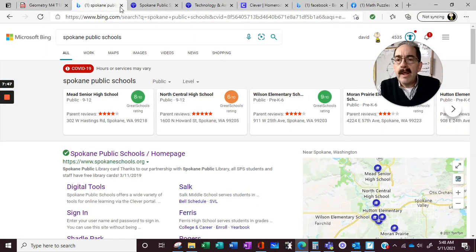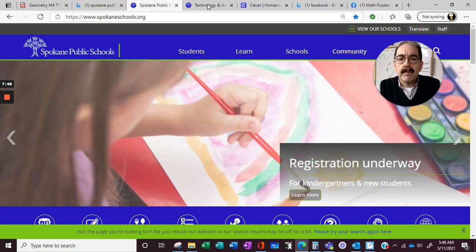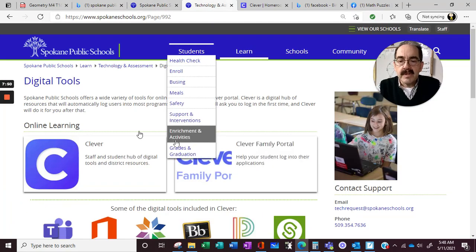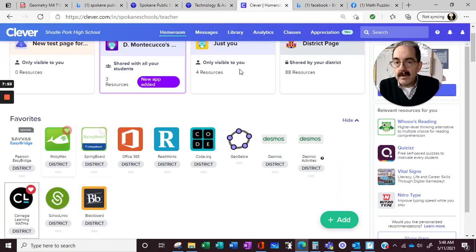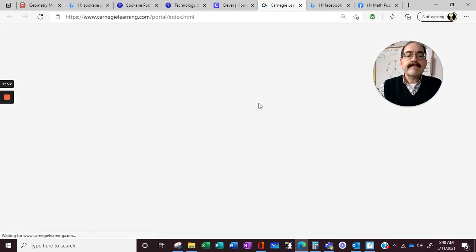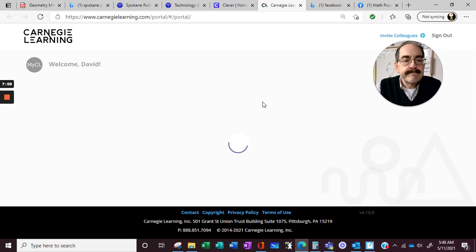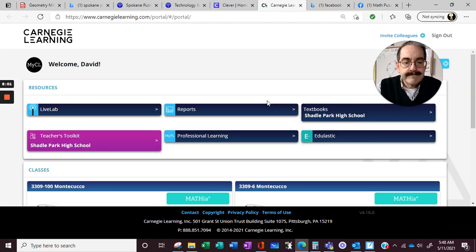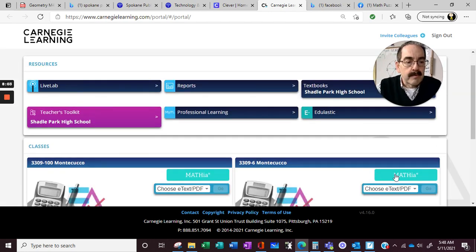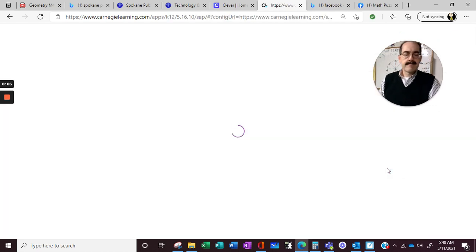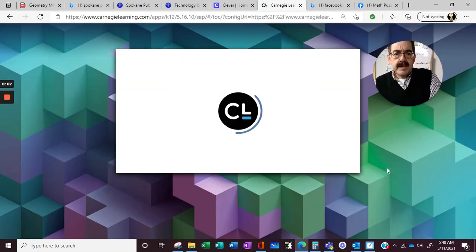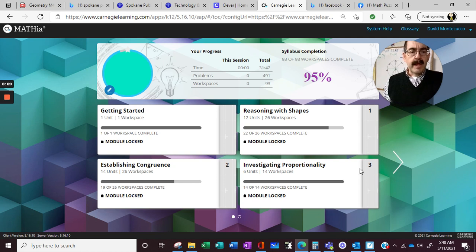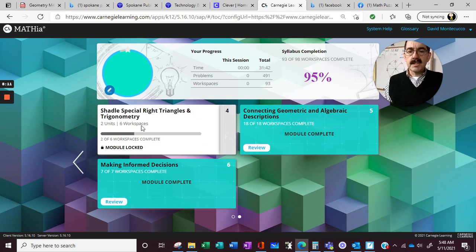We get to the internet, find Spokane Public Schools, find our digital tools, find our Clever. Once we get to Clever, we're going to click on Mathia, get to our Mathia page, and in this case, everything's locked up to module number 4.